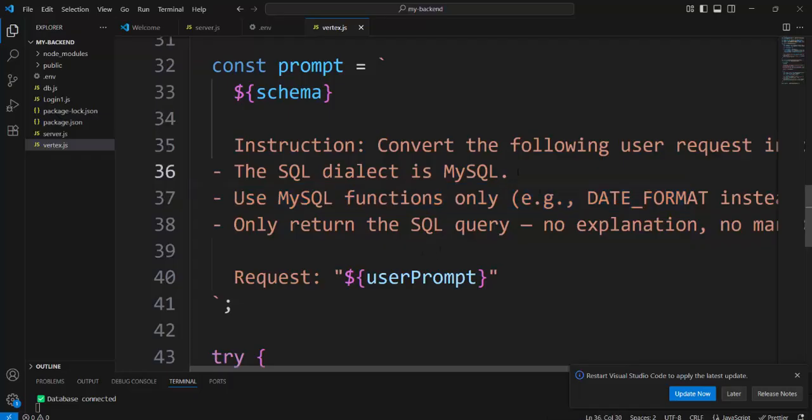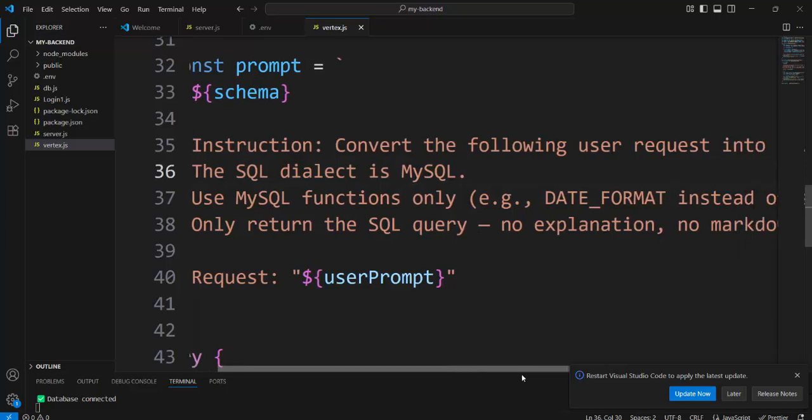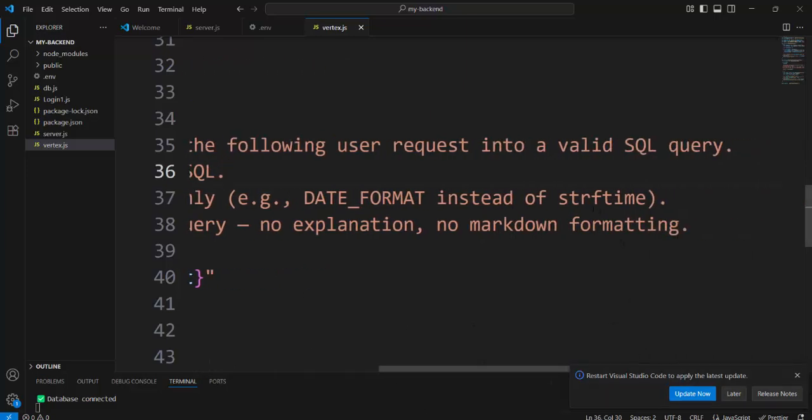In the beginning, for maybe one month, we had excellent results, but at one point the LLM, Gemini, sent us an error. The error was that it cannot find this function.